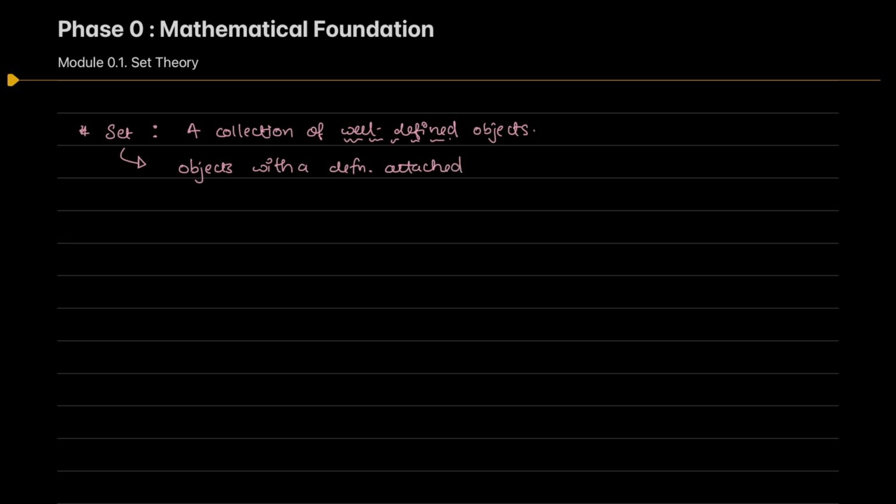Let me give you some examples. Suppose I just give you 4 superheroes. I have Superman, I have Thor, I have Iron Man, and I have Spider-Man.